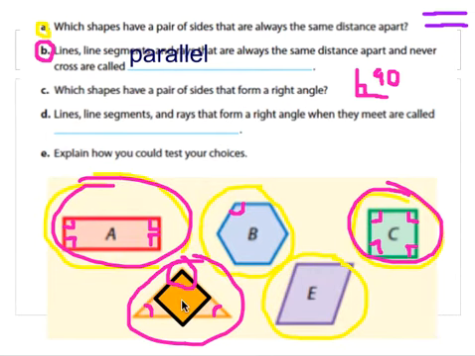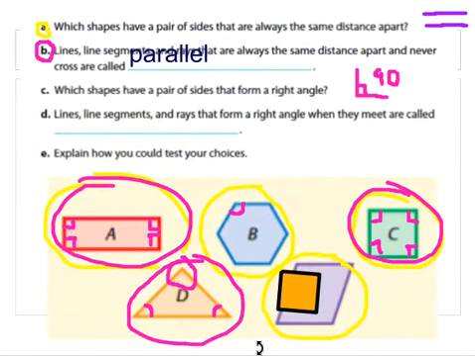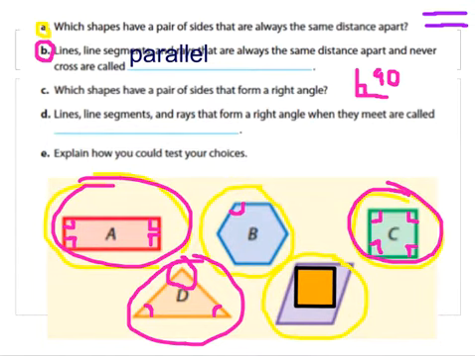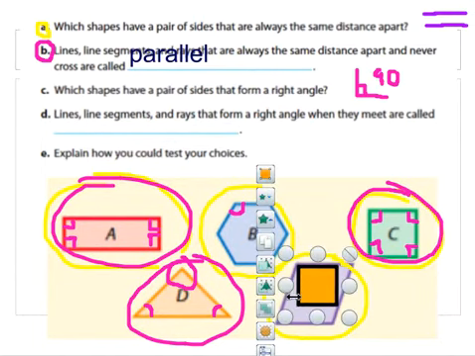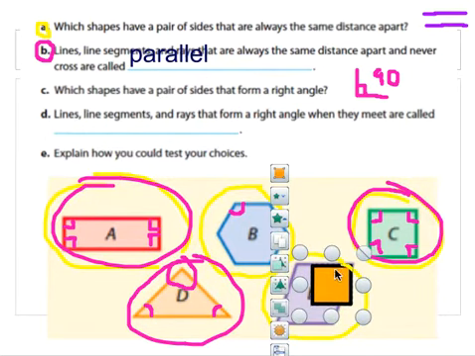Well, let's see. I've got my square here, so let me just test this out. Can I fit this corner into any of these corners? If I line up one side of my angle, does it fit perfectly? Look at that. Look at all that extra space there. That means that this angle right here, that's an obtuse angle. All right, let's try this angle. Oh no, look, that lines up, but I'm covering up that side of the angle.